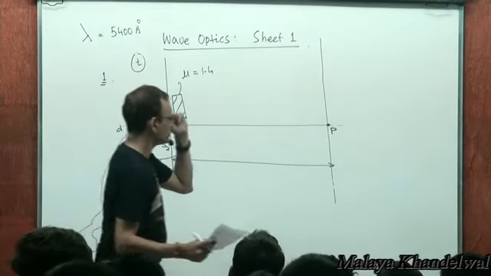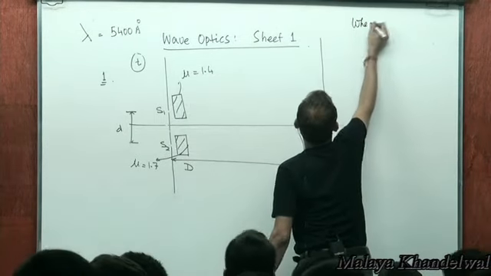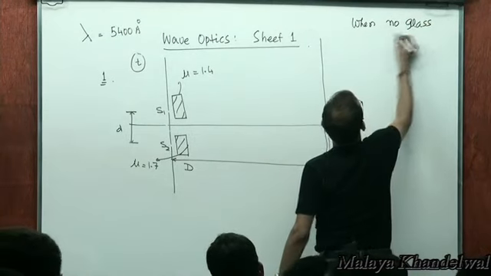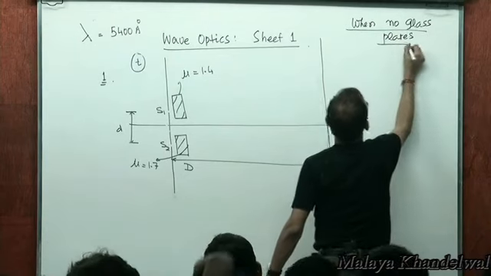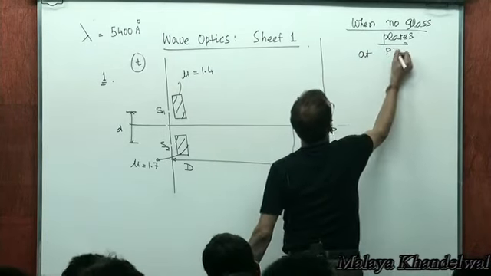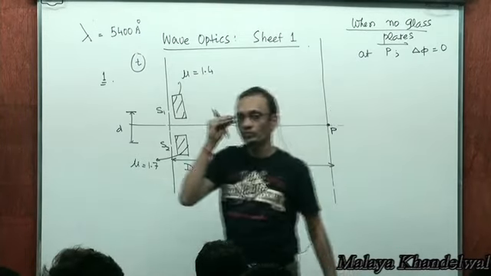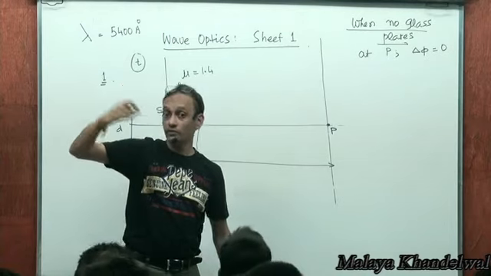Now, when there were no glass plates, then at P, phase difference was 0. At P, phase difference was 0, right?